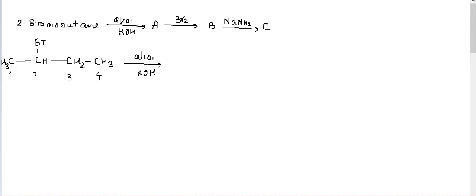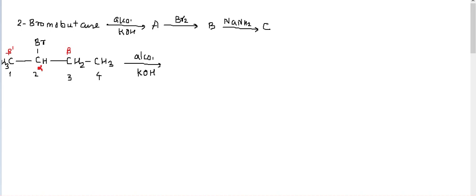So the functional group is attached to the carbon CH. Whenever a functional group is attached to a specific carbon, that carbon is always marked as alpha, and the carbons next to alpha are beta. So here we have beta and beta dash.